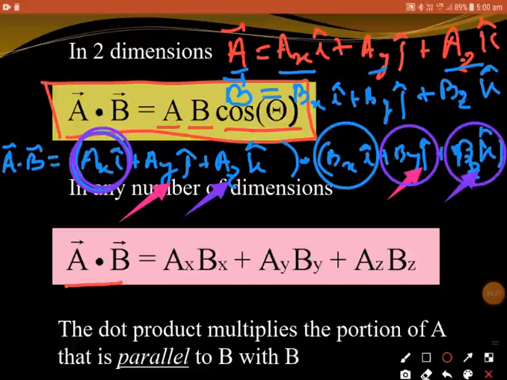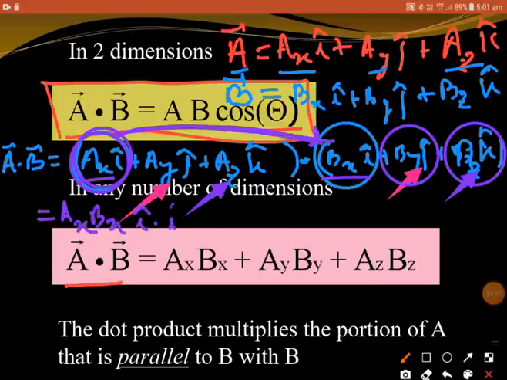So whatever we can do is, if you take the dot product of this and this, then it will be only there like this: ax into bx, i cap dot i cap, that will be equal to 1. Am I right?